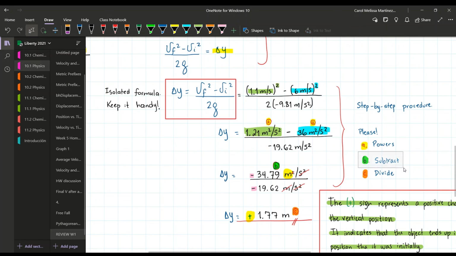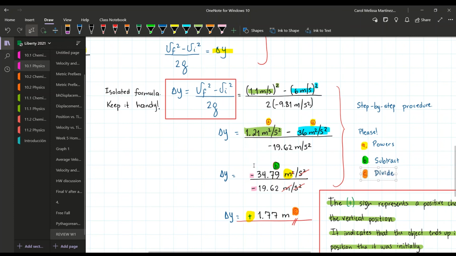Now the other part is to subtract. What are you going to subtract? Well, the subtraction process. Here, 1.21 minus 36 gives me negative 34.79. Please don't forget the negative sign. Now, all this is going to be divided by the denominator from the step before. And after you get all this, it comes the last step, that is to divide.